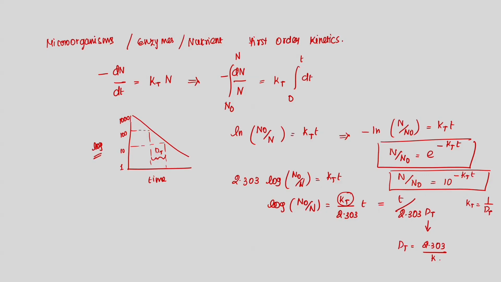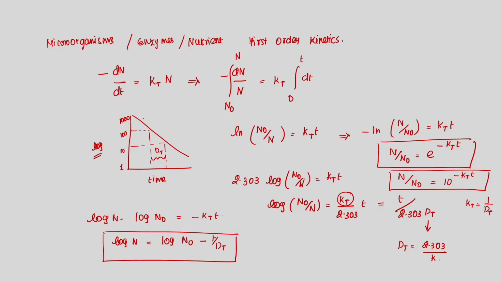Right, the D value can be found out from here. Otherwise, for example, if you write the same equation in the form of y equals mx plus c, log N minus log N naught, where log 10 will get cancelled, is minus kT into t. So, it is nothing but log N, which is equivalent to log N naught minus kT, which is nothing but 1 upon D, into t, right. So, I can get my slope if you draw a line.